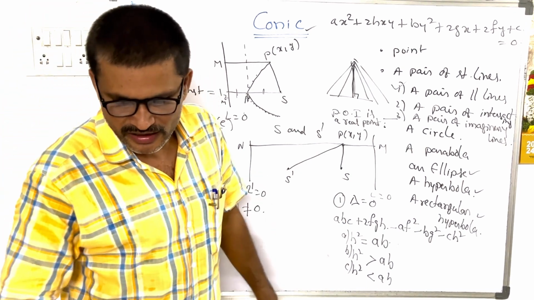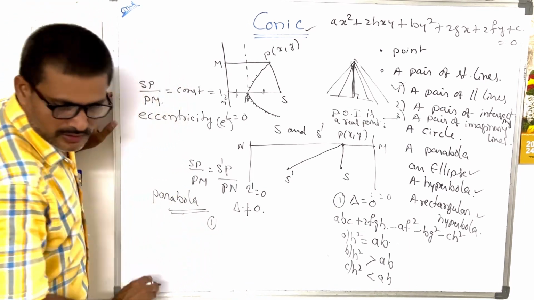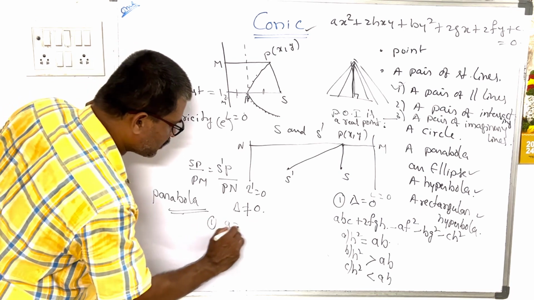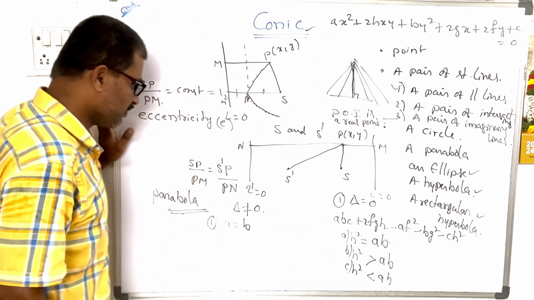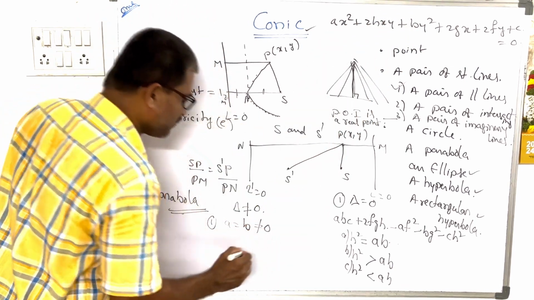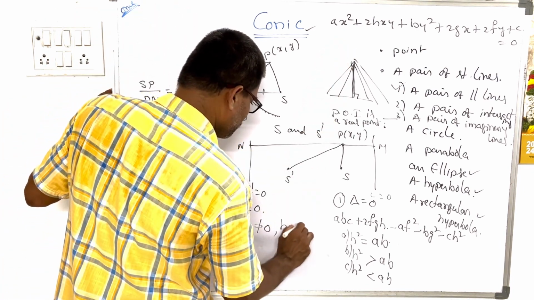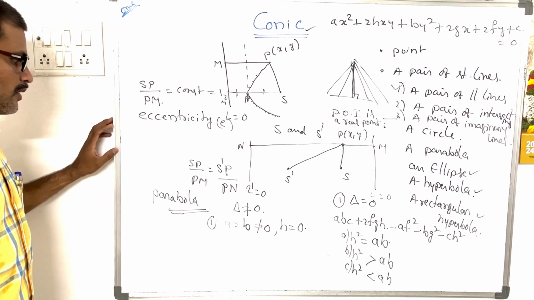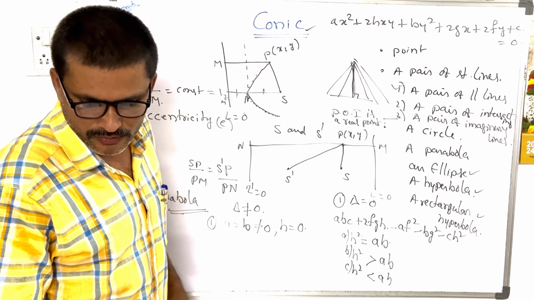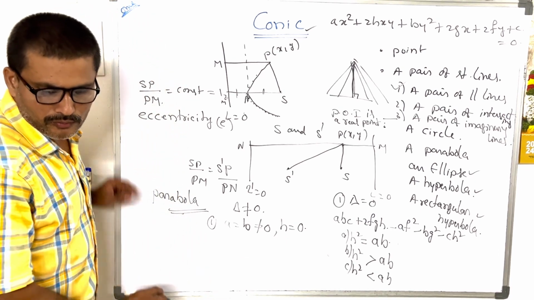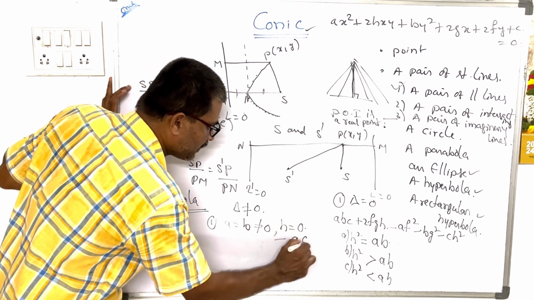In that, the first condition is a equal to b, both not equal to 0, and h equal to 0. That is, which satisfies this, forms a circle.